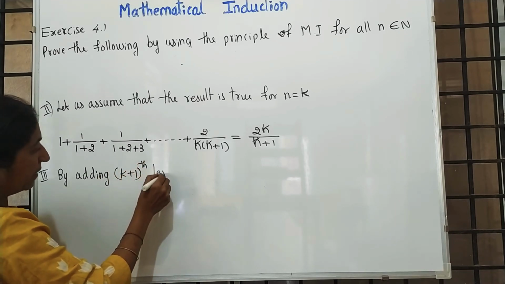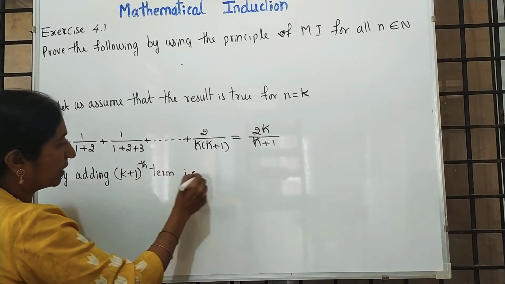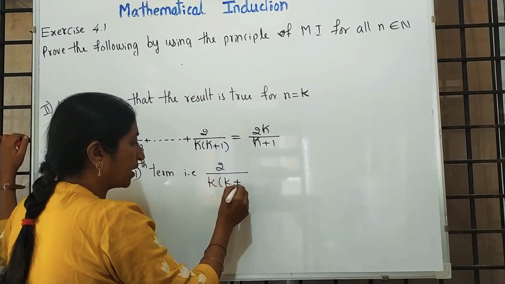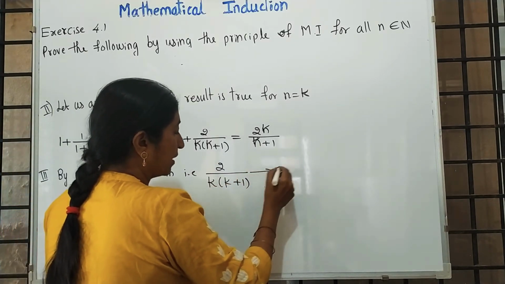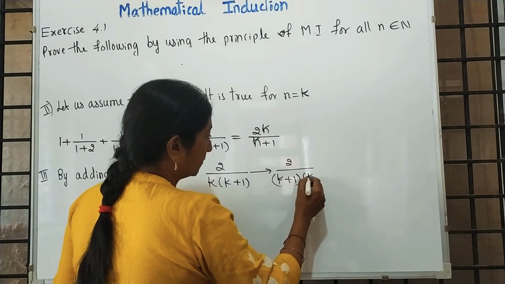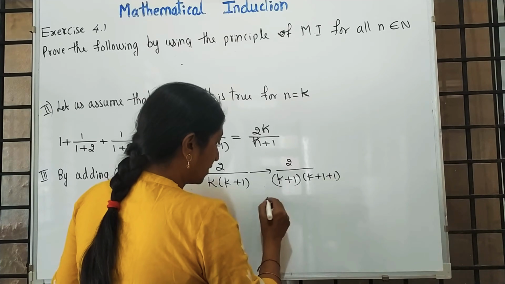By adding the k plus 1th term, that is 2 upon k into k plus 1, wherever k is there, replace it by k plus 1. That means what are you adding?